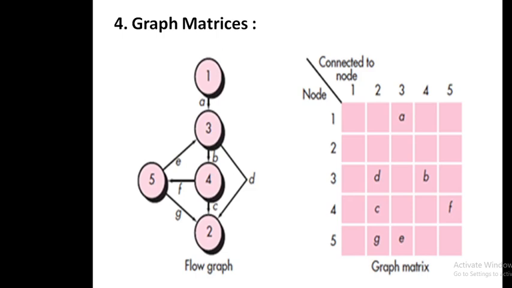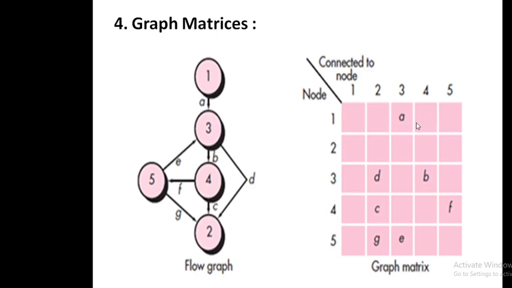So the graph matrix size is a 5 by 5 matrix, so 5 rows and 5 columns. The number of nodes in the flow graph gives the size of the matrix. And how will we fill the data in that matrix? The edge weights in the flow graph are the data we fill in the matrix.